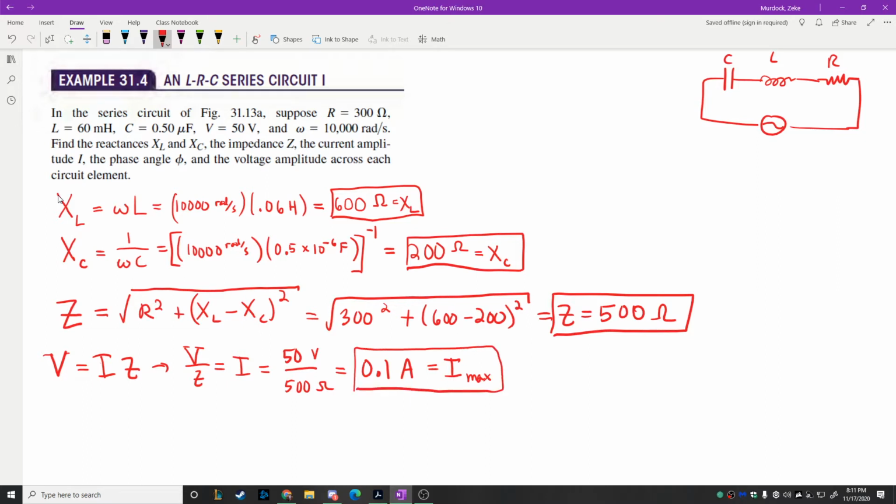Okay, what's next? The phase angle phi. There are two different expressions we can use. We could try both of them.